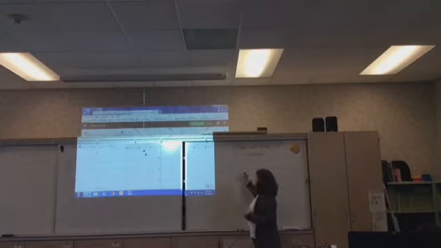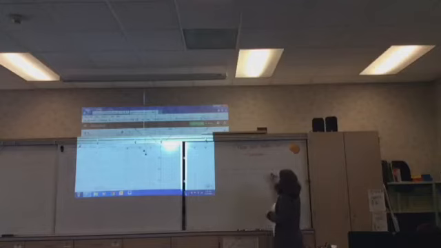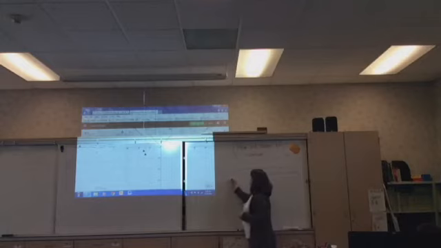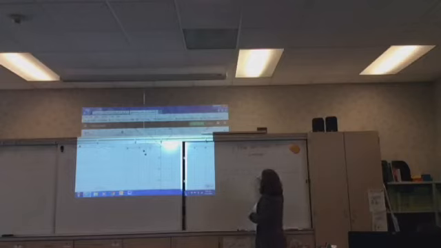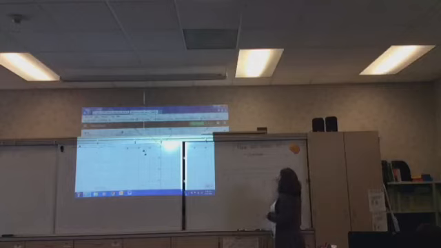The turning point moves to the negative value of C. So if C was 5, the point moved to -5 on the x-axis, right?